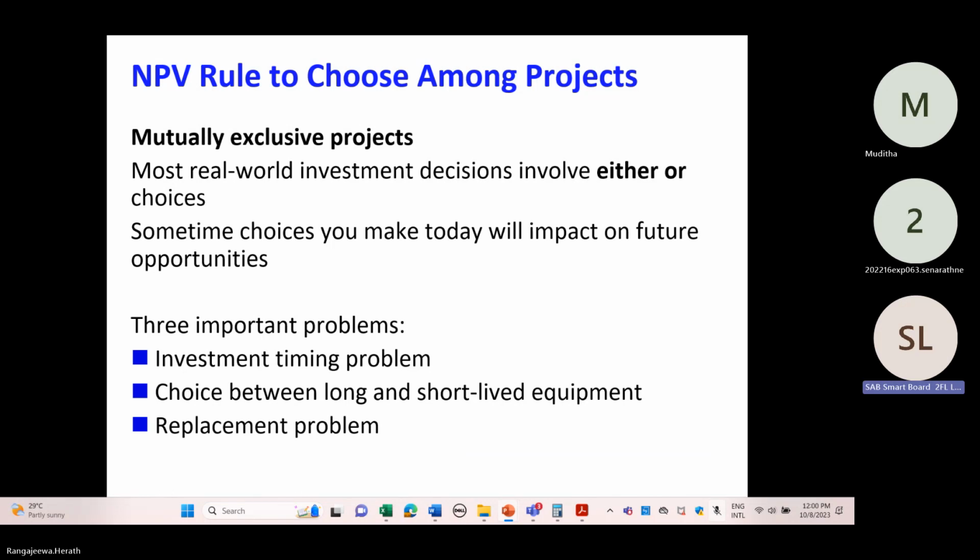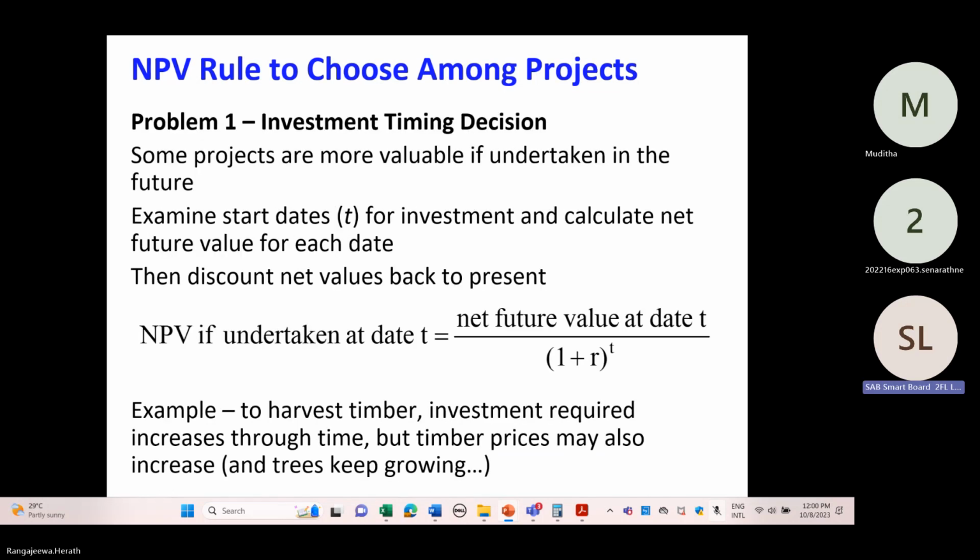With investment timing, some projects are more valuable if undertaken in the future. So examine the start date for investment and calculate the net future value for each date. Then discount the net value back to the present value.